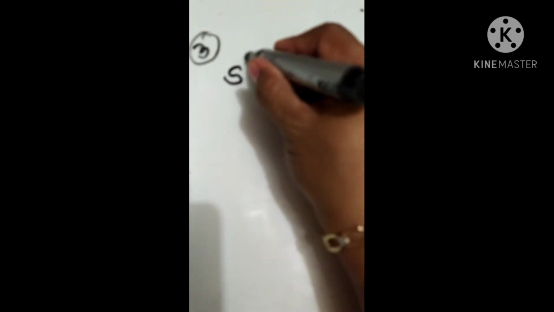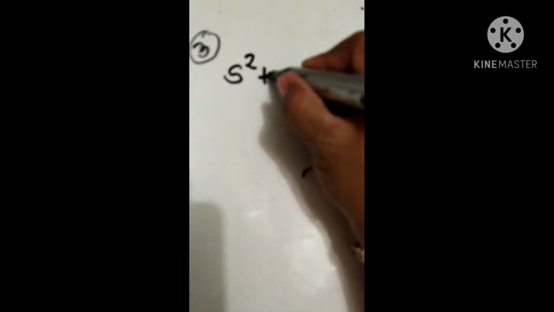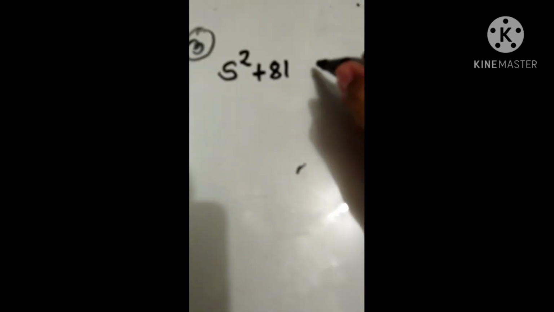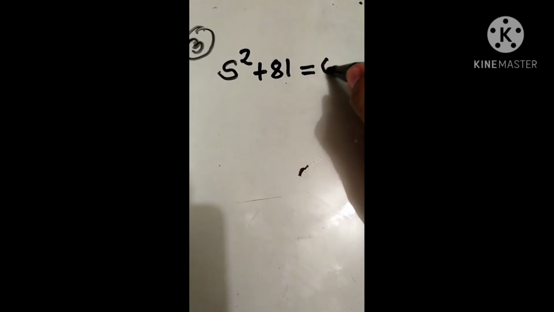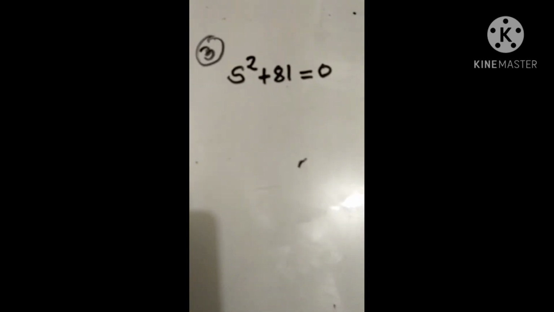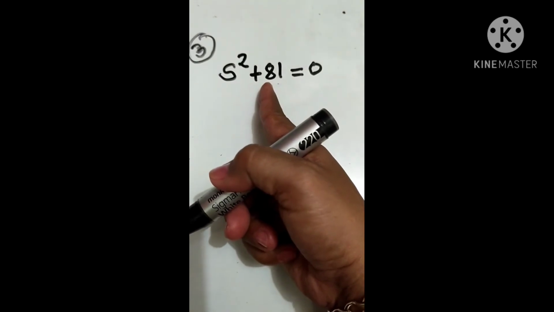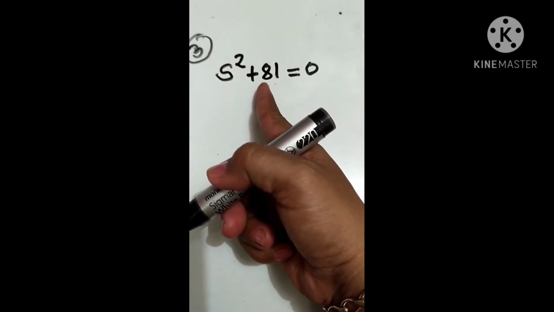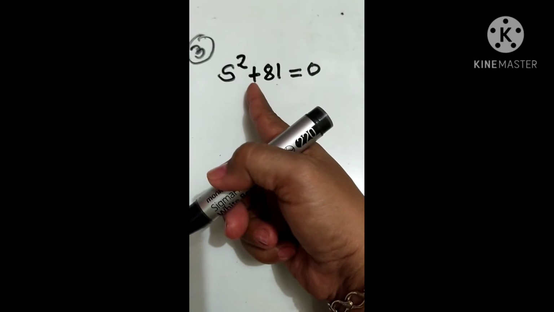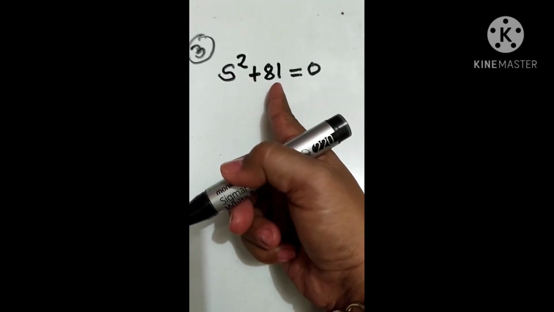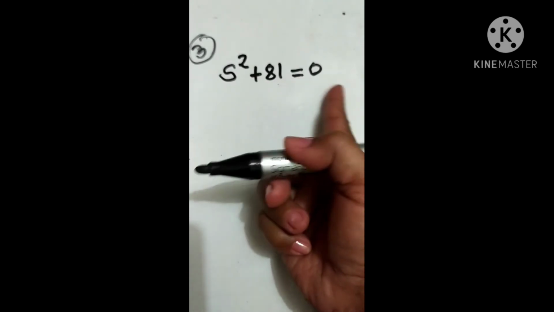What if your given is like this: s squared plus 81 equals 0? How are you going to solve for s? First, we need to remove positive 81. Since that is positive, to make it 0, we will subtract 81, but it should be on both sides.